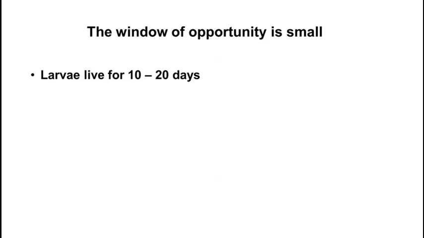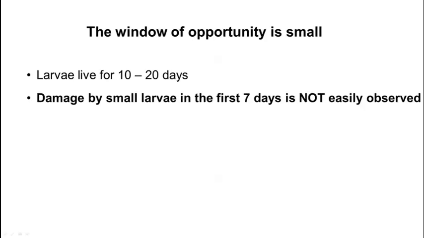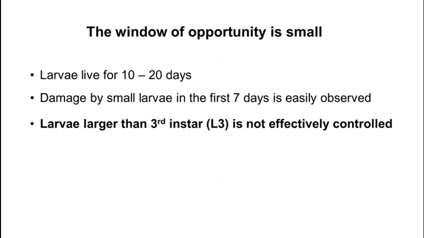The window for effective insecticide application is very small. The larvae live only for 10 to 20 days, and small larvae make the type of damage that we do not easily observe. Larvae that are larger than a 10 cent coin or 10 millimeters are not effectively controlled.